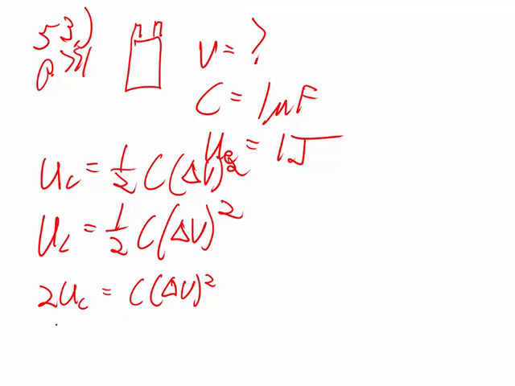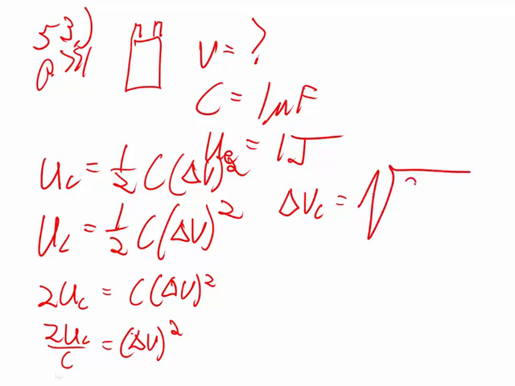So we say 2U divided by the capacitance is equal to the change in voltage squared. Now we take the square root of both sides, and we come up with delta V of the capacitor is equal to the square root of 2 times the electric potential energy of the capacitor divided by the capacitance.